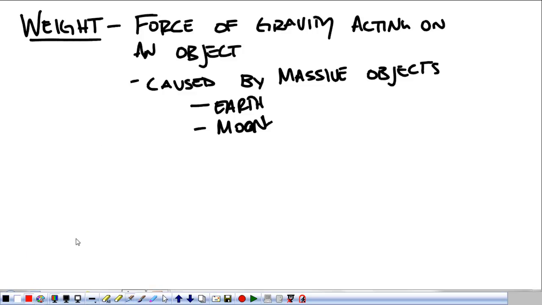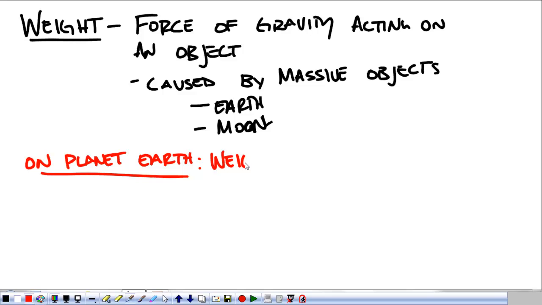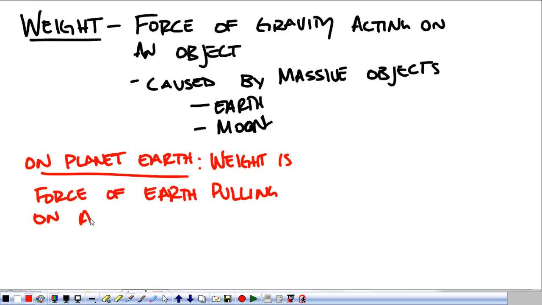So for us, on planet Earth, weight is the force of the Earth pulling on a mass. Now, on the Earth, it always pulls down.